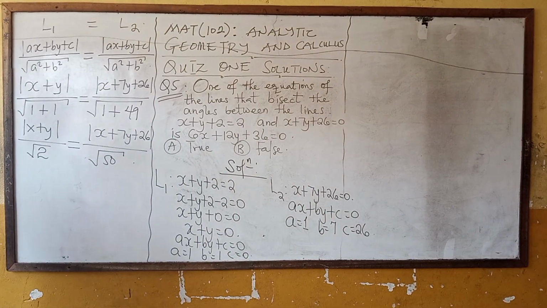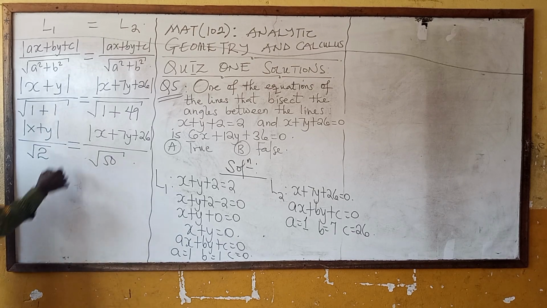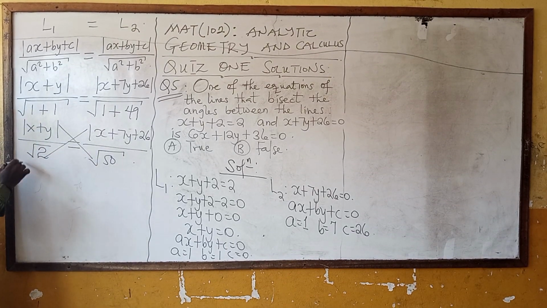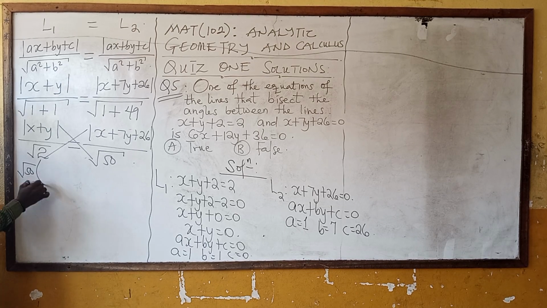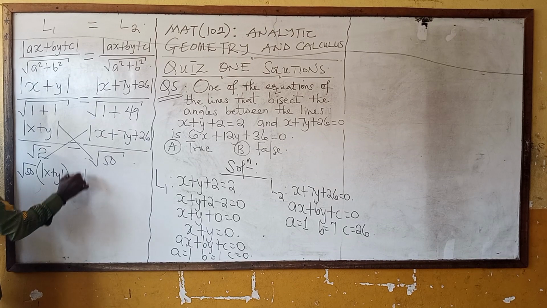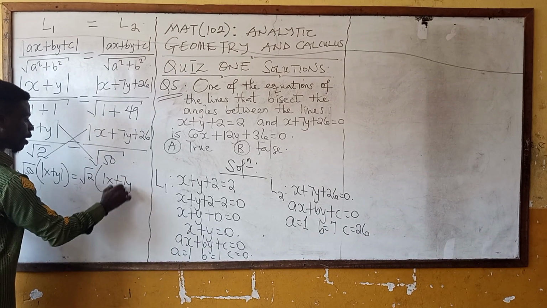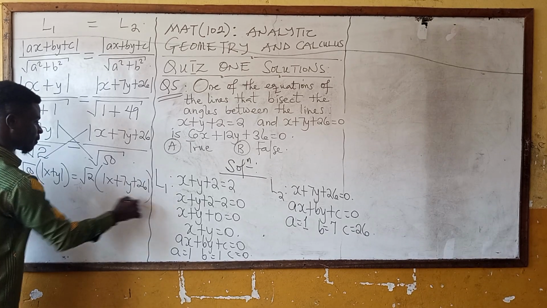So we can do our cross product here. So by cross product, we have this guy multiplying that. So square root of 50 multiplying the absolute of x plus y equals square root of 2 multiplying the absolute of x plus 7y plus 26.